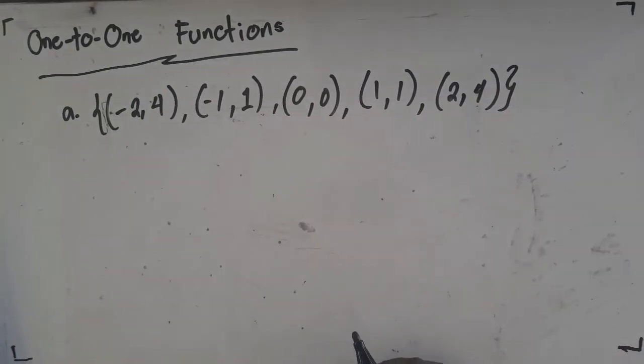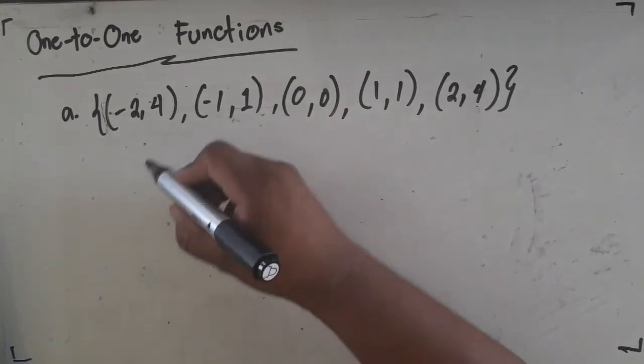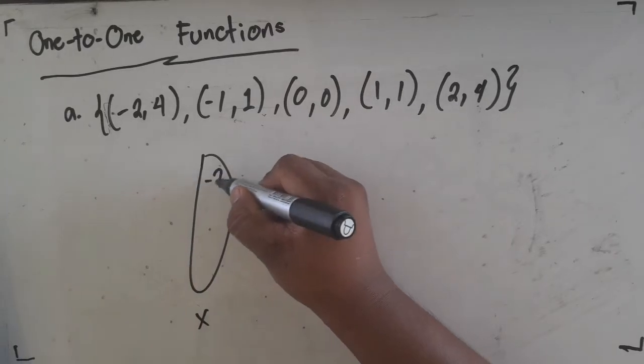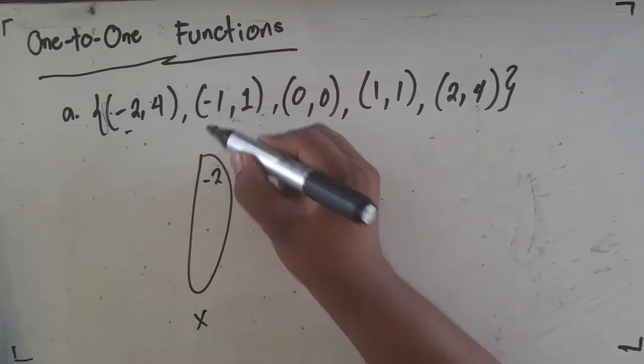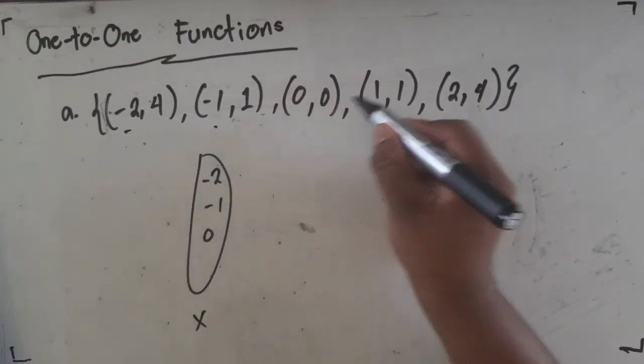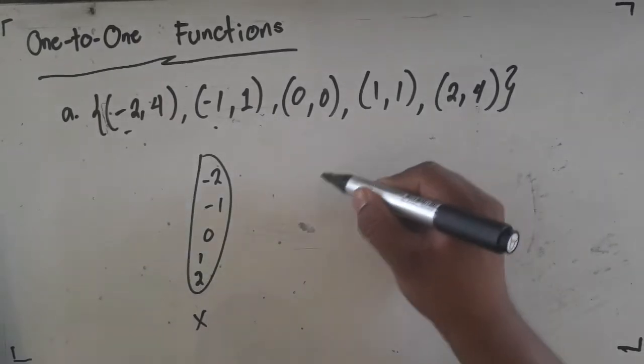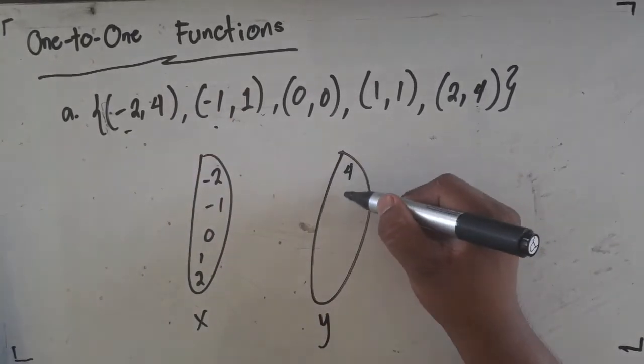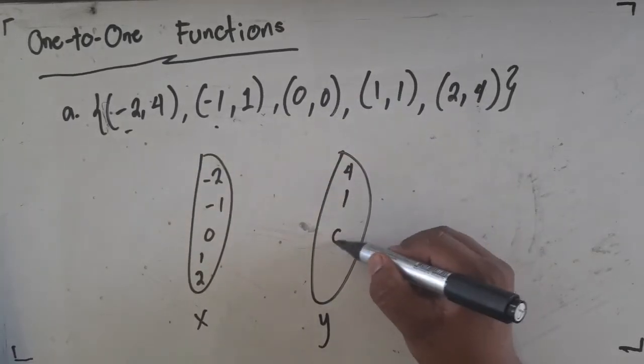Let's plot all the domain. The x, you have negative 2, negative 1, 0, 1, and 2. How about our range? Your y, you have the 4, the 1, the 0.